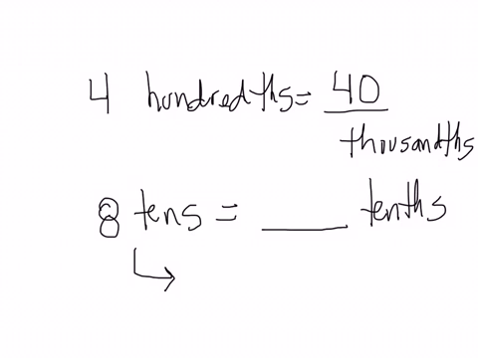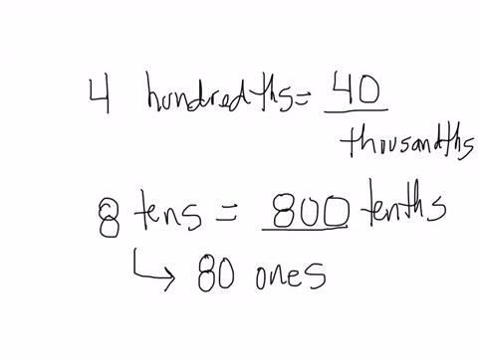Think of it as 8 $10 bills, which is another way to think of this. 8 tens is the same as 80 ones. And then with 80 ones, think of it as 80 $1 bills, and somebody's going to change that in for dimes. How many dimes are you going to have? That would be 10 for each dollar bill, so my answer there is going to be 800.